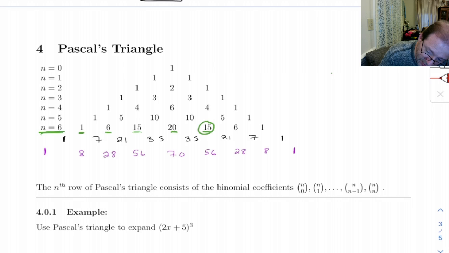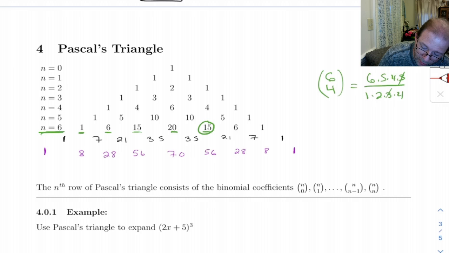So what this says is 6 choose 4 should be 15. 1, 2, 3, 4, 6, 5, 4, 3. So that's 30 over 2, sure enough, is 15. So Pascal's triangle is just a good way to list out a bunch of these binomial coefficients.